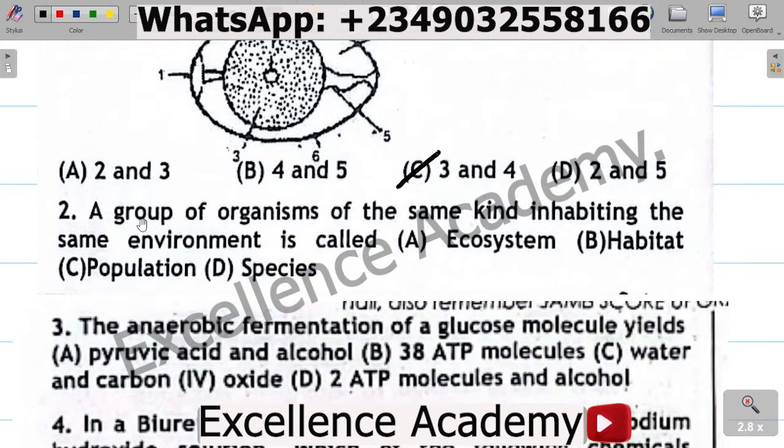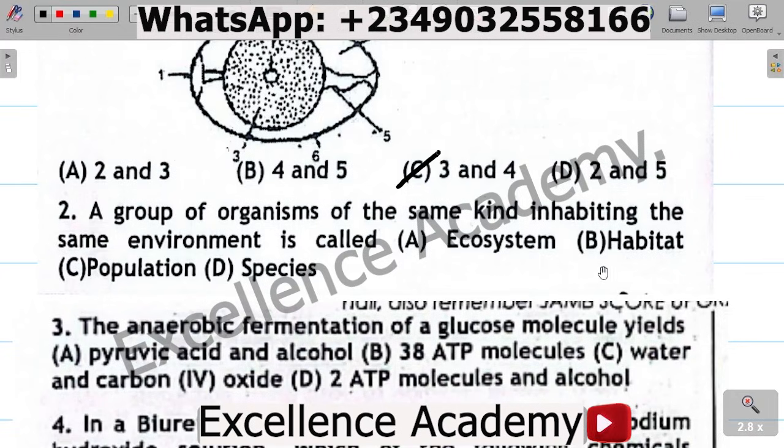Question 2. A group of organisms of the same kind inhabiting the same environment is called A. Ecosystem, B. Habitat, C. Population, D. Species. A. Ecosystem. Ecosystem shows the interaction between living organisms and their environment, in bracket non-living things.